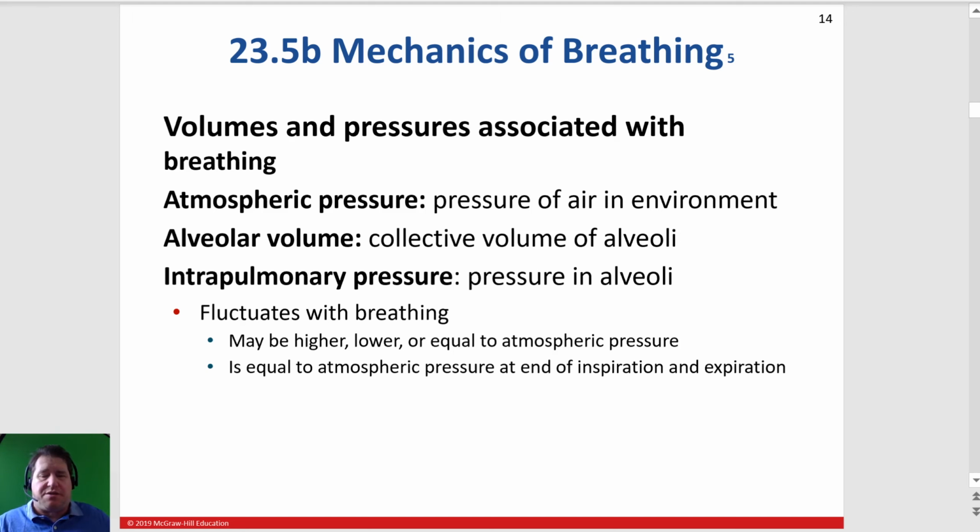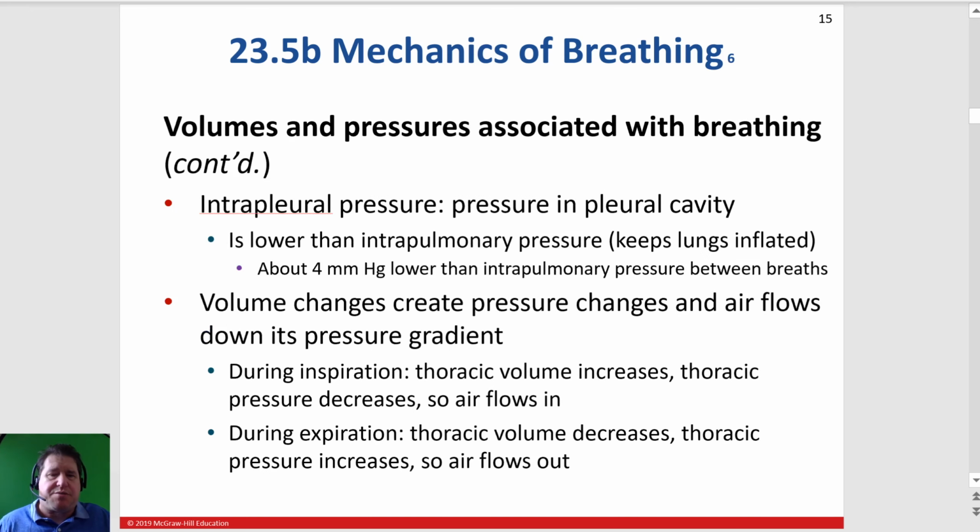That would be in the alveoli. Remember, they're like little balls all lumped together, and there's a little space inside each ball where the air goes in and out. The air has to go in and out of that space in order for true respiration to occur. So that's the intrapulmonary pressure, the pressure in the alveoli.